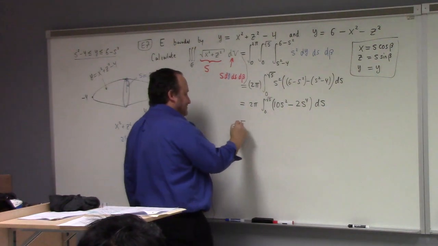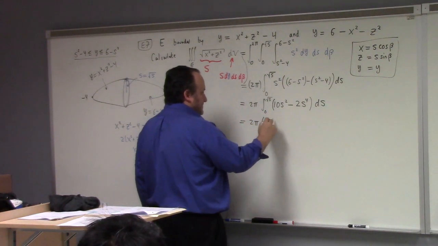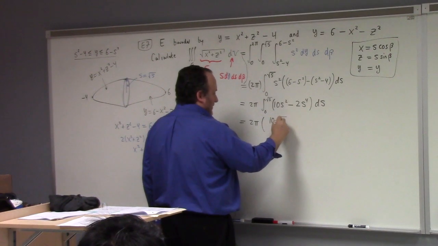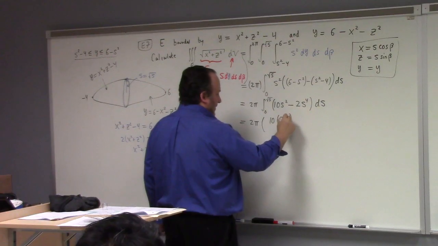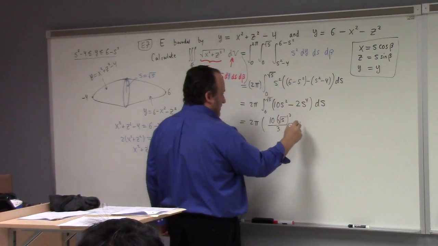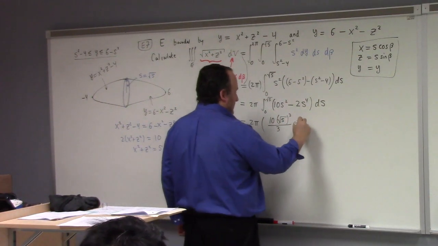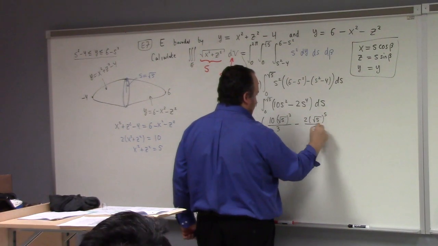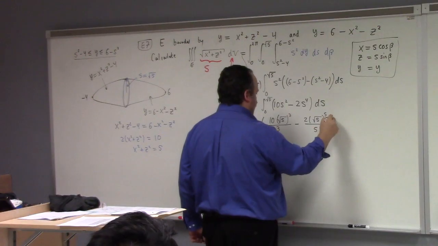And so I get 2 pi times 10 square root of 5 to the 3rd power divided by 3 minus 2 times the square root of 5 to the 5th power divided by 5.